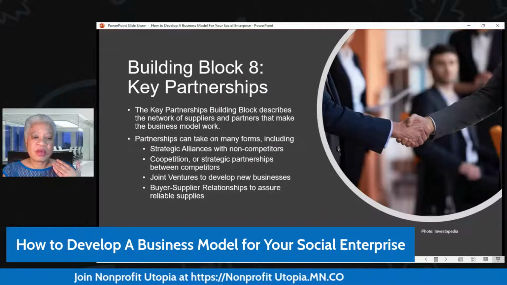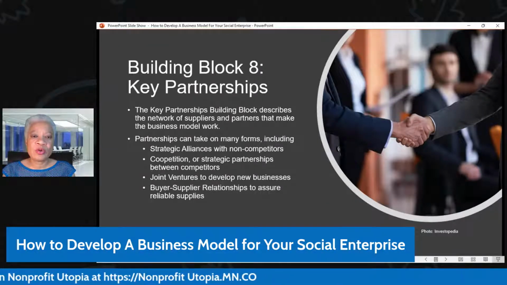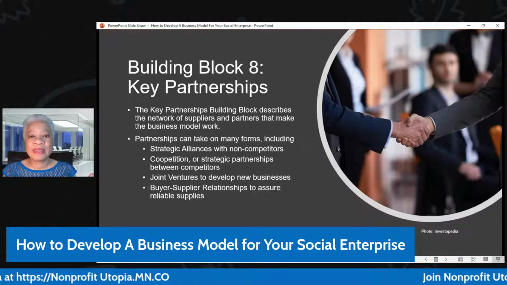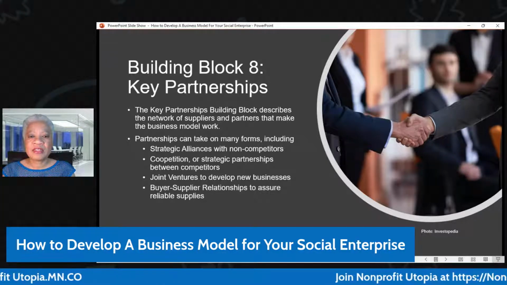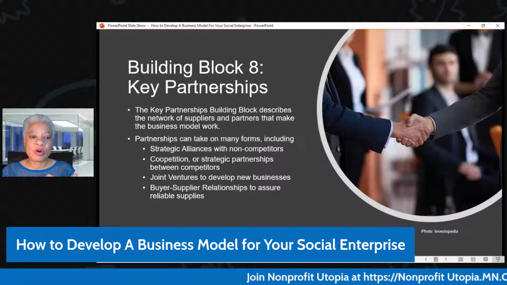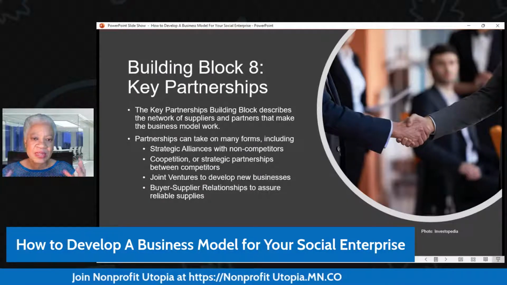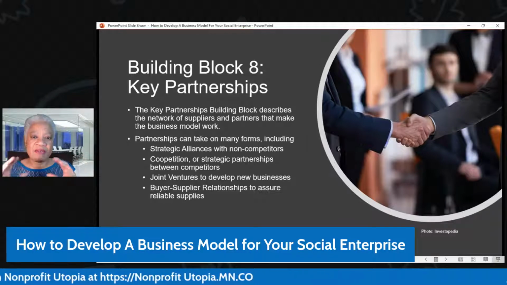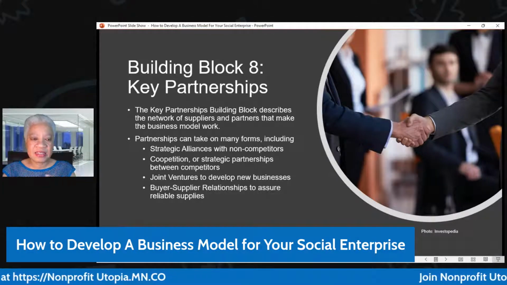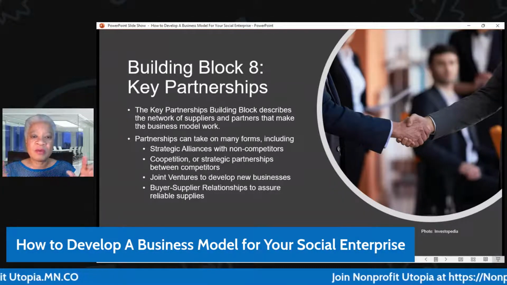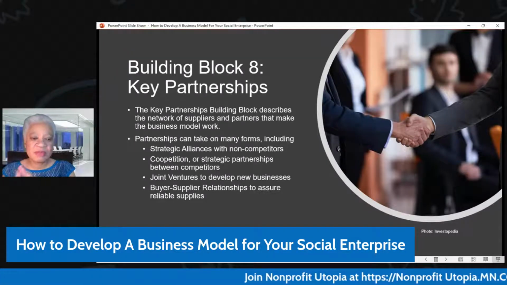They could be co-opetition, where you're working with people that you normally compete with to actually provide a service or a product. You can create a joint venture, which is a separate entity that might have a governing body that consists of people from your business and people from the other business.